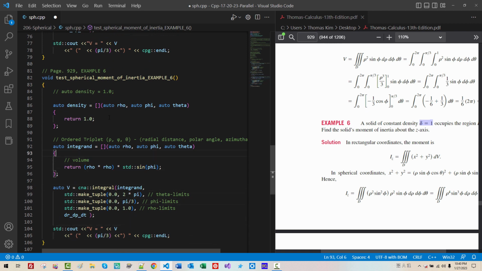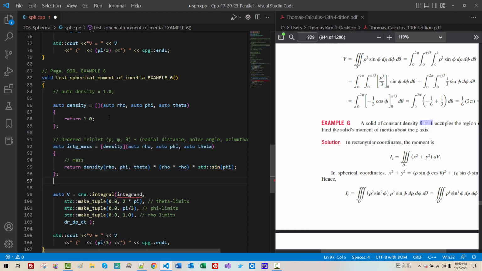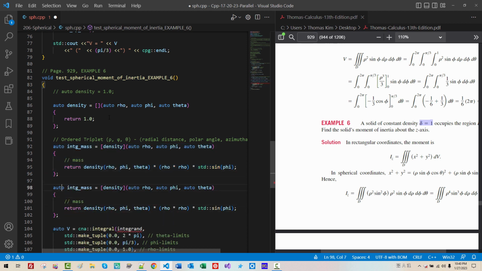So it should be the integrand for mass. We capture density. Then from here, density times the rho phi theta volume element. This is the integrand for mass. Now copy, paste. Integrand for I_z.